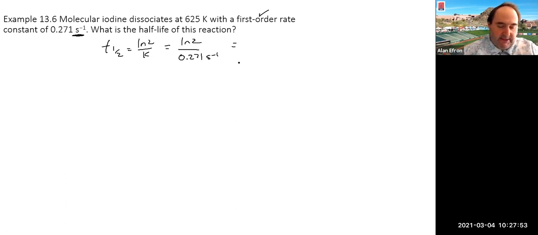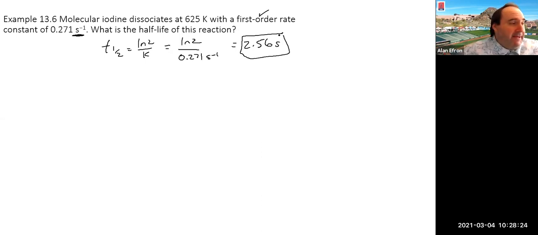That gets us natural log of 2 divided by 0.271, which gives us 2.56 seconds as our half-life, which is pretty fast. Every 2.5 seconds, you're going to lose half of what you started with. That's a very fast reaction and half-life. It's going to disappear very quickly.